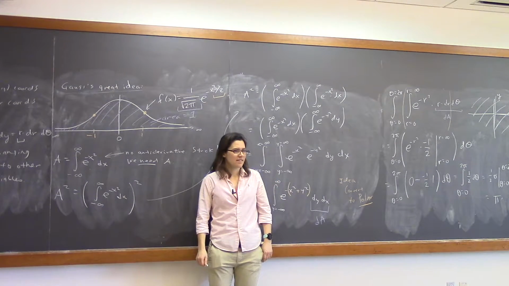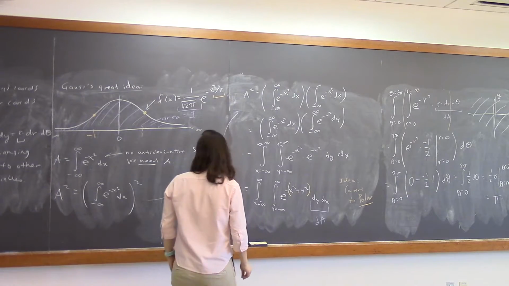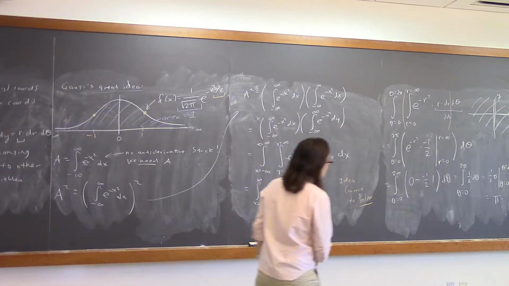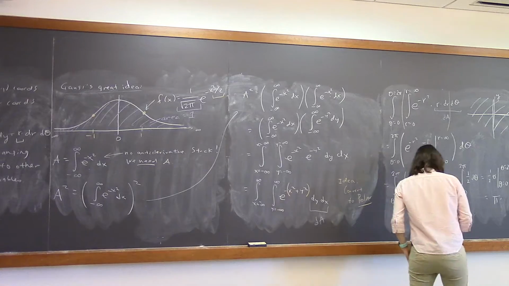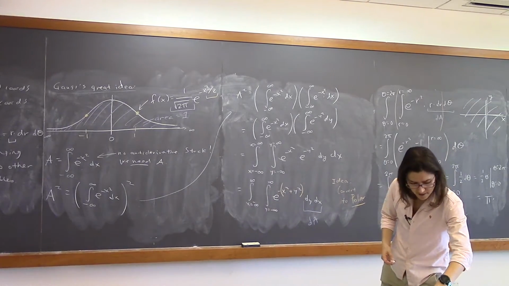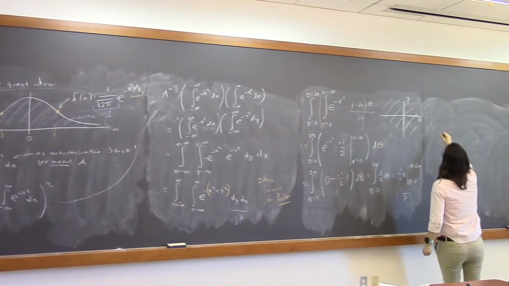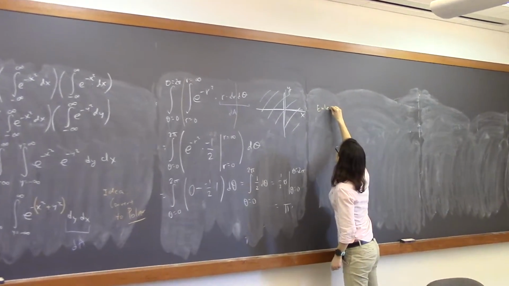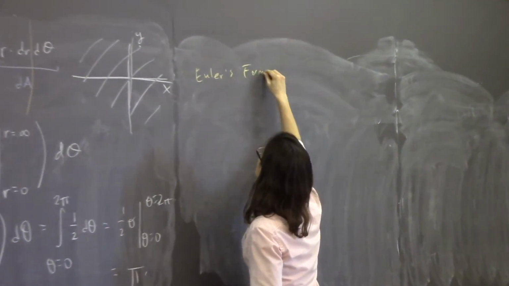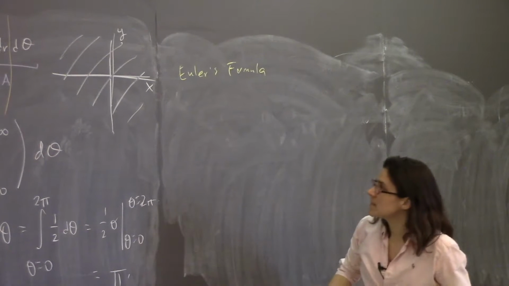Isn't there something called like Euler's formula or something that relates pi and 0 and 1? Oh yeah, Euler's formula relates pi and 0 and 1. Let's put that somewhere. Maybe in a different triumphant color. Sure. Euler's formula. Some people call this the most beautiful equation in mathematics.